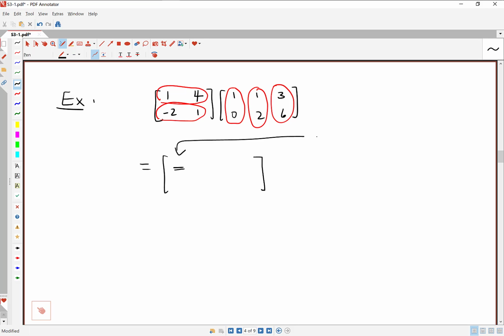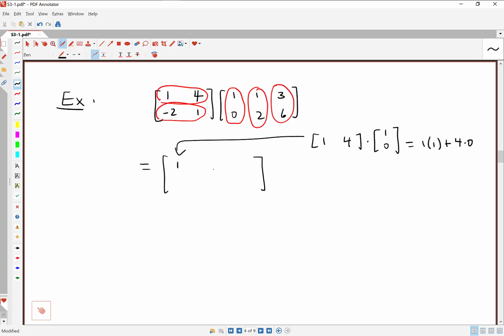So we are going to take the first row of the first matrix with the first column of the second matrix. Now this looks a little weird because we're used to doing dot products where our vectors are both sitting horizontally or both sitting vertically, but it's still the same familiar dot product. We just multiply the first two numbers together, so 1 times 1, and add on the product of the second pair of numbers. So overall that would give us 1.